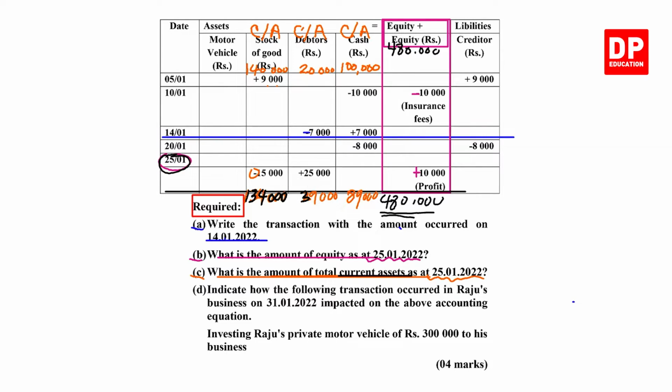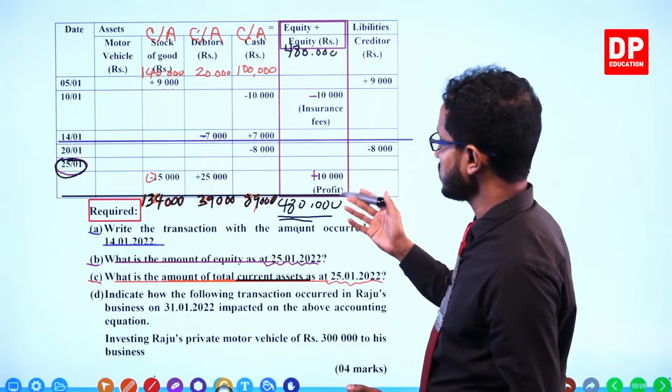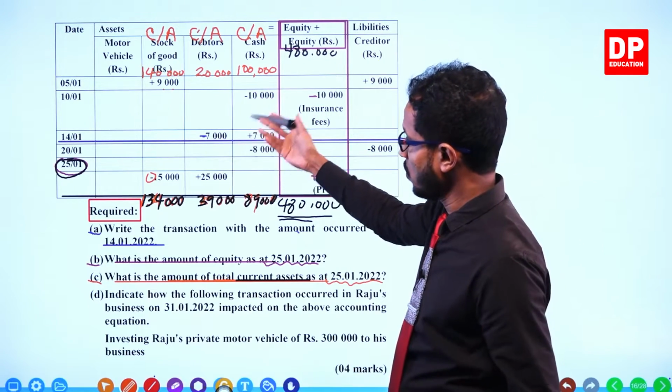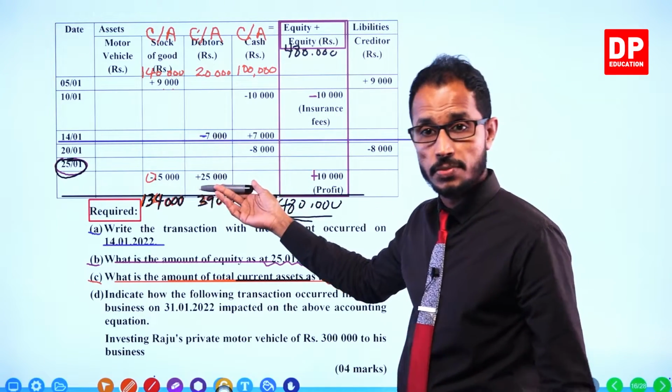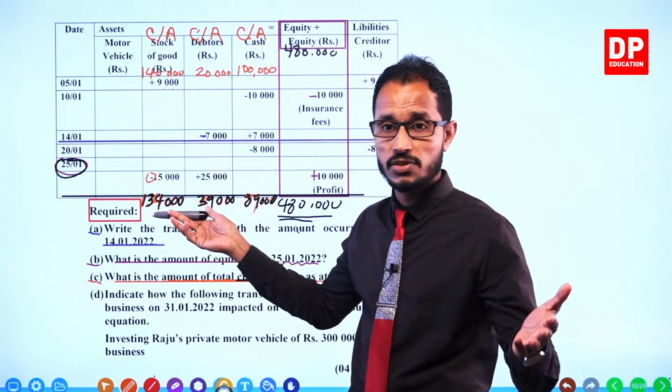Here we have 39,000 for debtors. Cash we have 89,000. Okay. Did we get the amounts right? Check your additions. I mean, recheck the calculations.